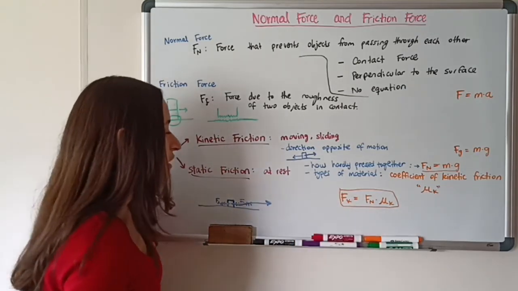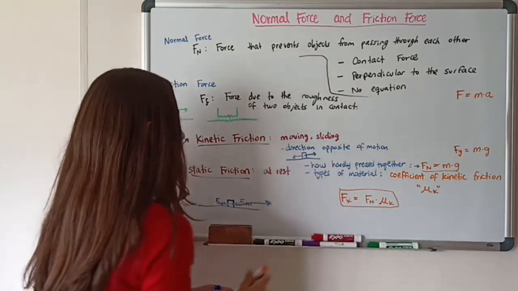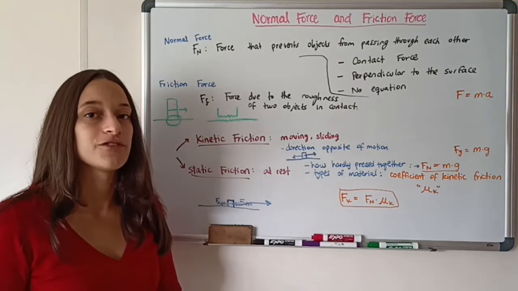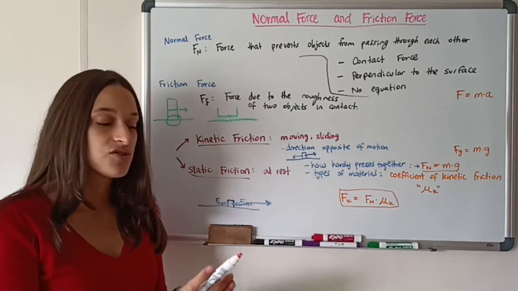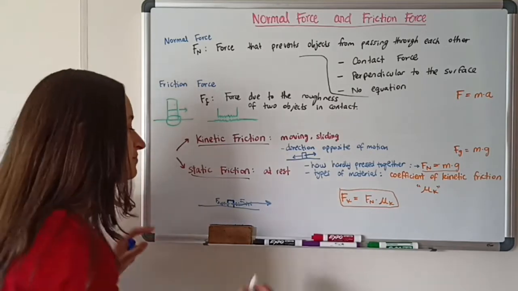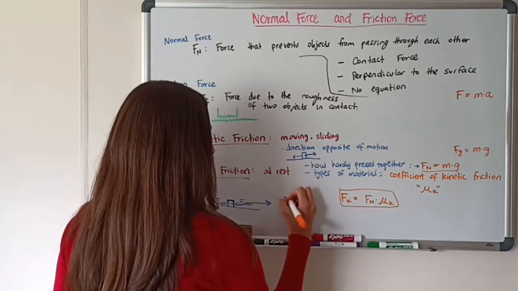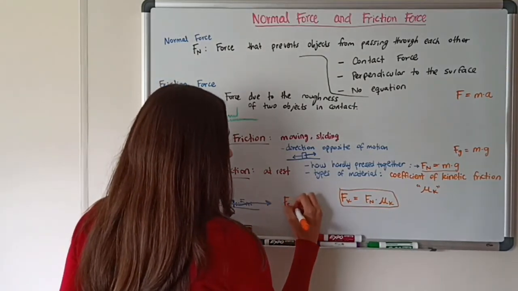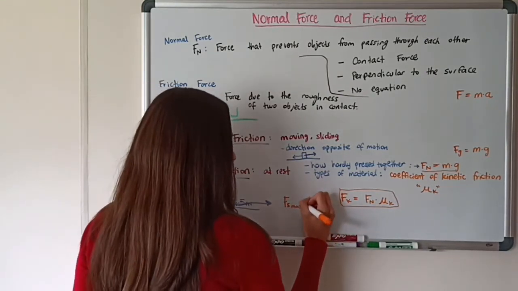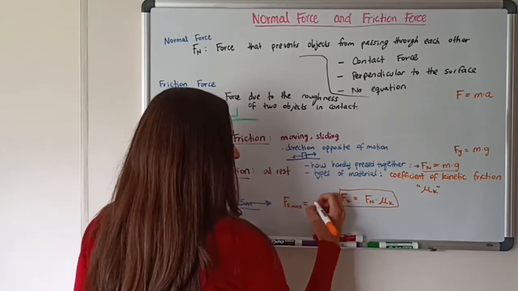So basically, when we give the equation for static friction, we're only giving the equation for the maximum static friction there can be, because as soon as it's bigger than that static friction, it's going to start moving. So our equation will actually be Fs max, because we're talking about the maximum static friction, but it's going to look just like the kinetic friction one.